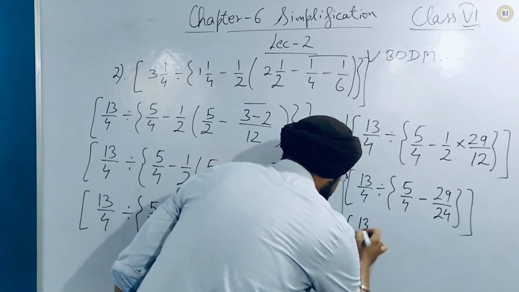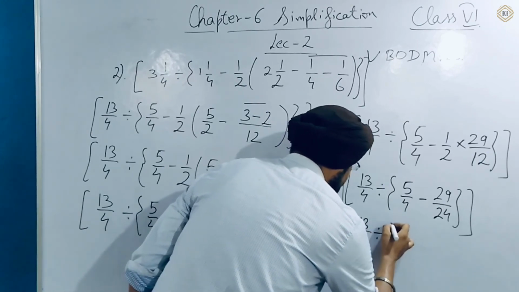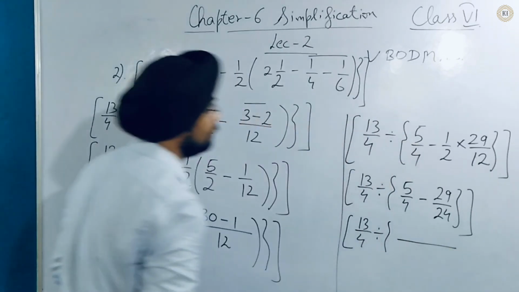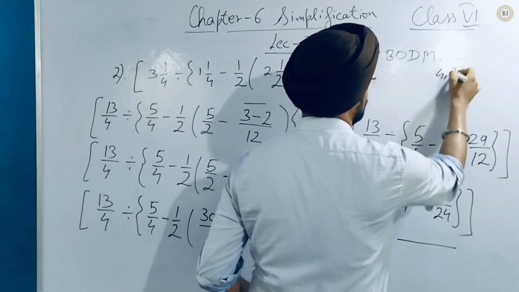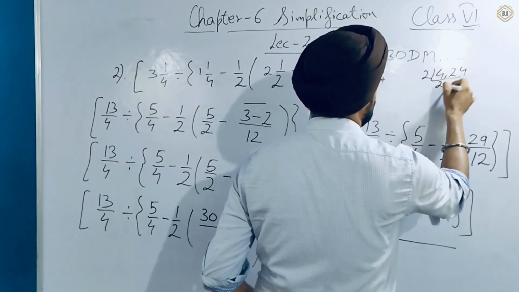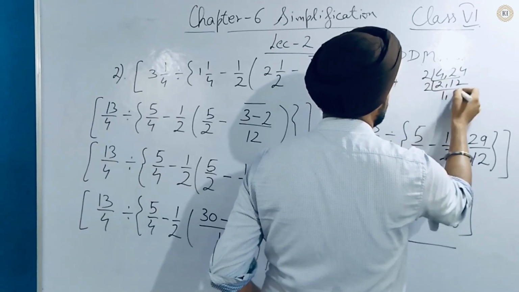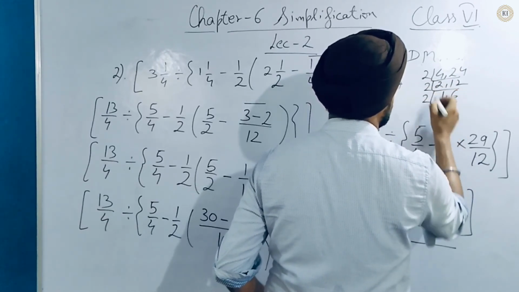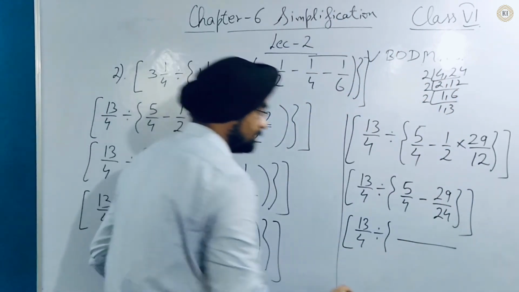So again it will come 13 by 4 divide LCM of 4 and 24. So 2 12, 6, 2 2s are 4, 4 2s are 8, 8 3s are 24.